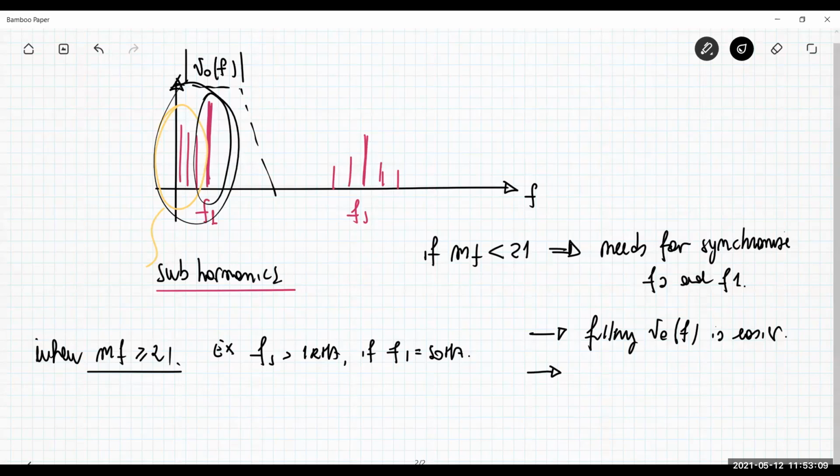And the second consideration is that even if you have MF which is not an integer, subharmonics occur, of course, appearing here, but the amplitude of these subharmonics is minimized. They are very low.